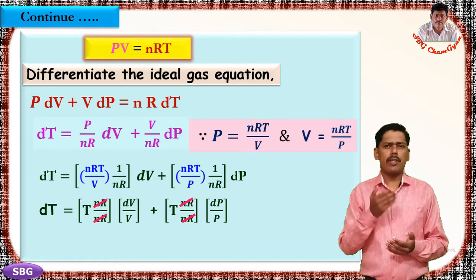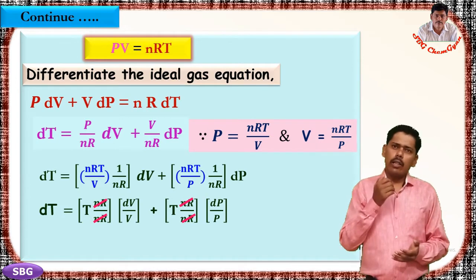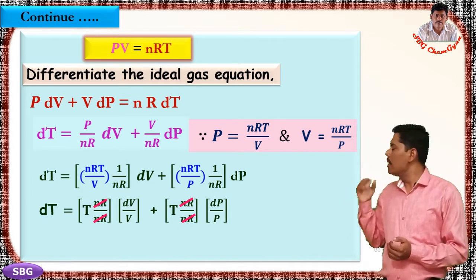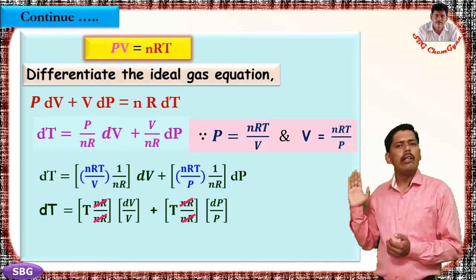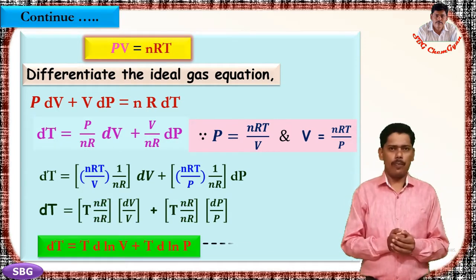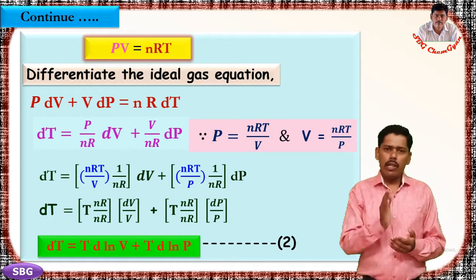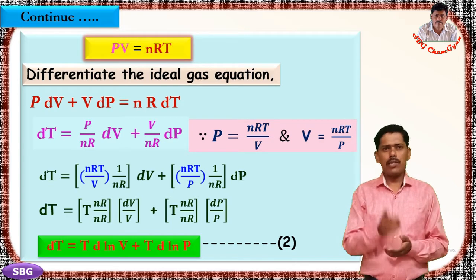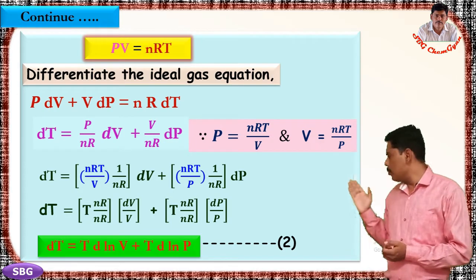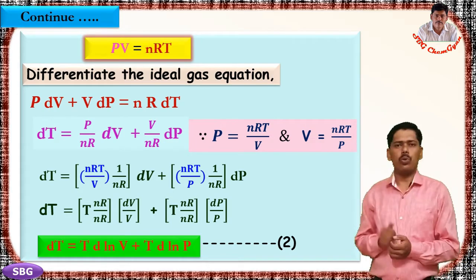Also, we replace dV upon V and dP upon P with d ln V and d ln P respectively. Then we get dT is equal to T d ln V plus T d ln P, equation number 2.